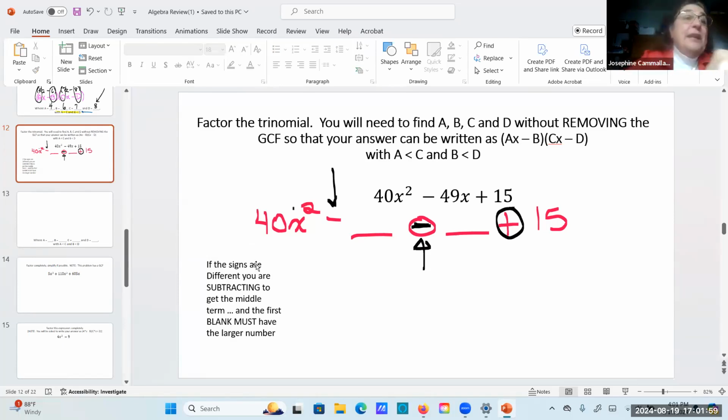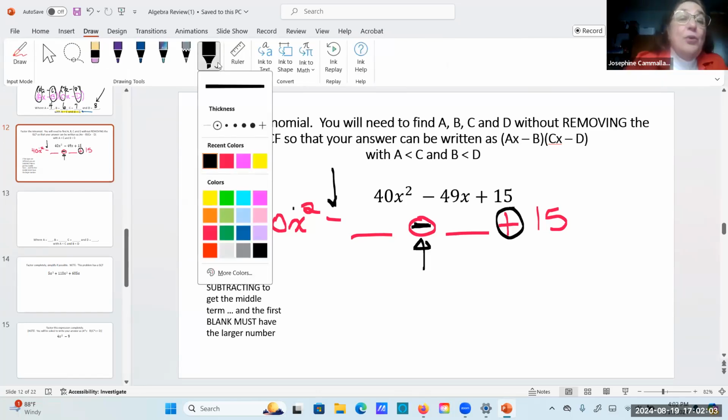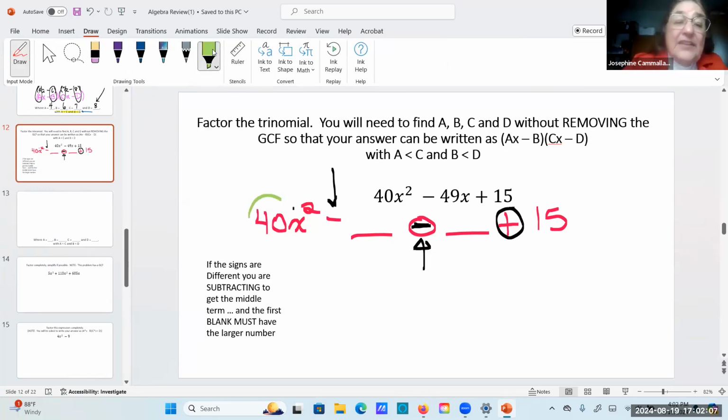Okay, Lupe, here's what I'm going to do. I am now going to take this 40 and this 60, and I'm going to multiply them together. Now, this is going to give me 600.